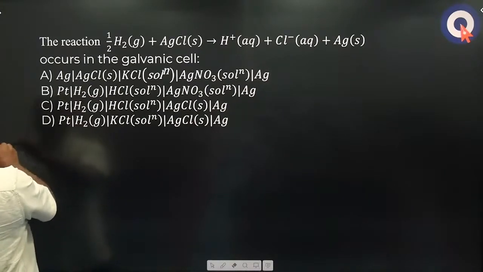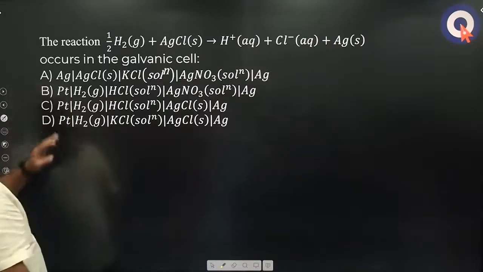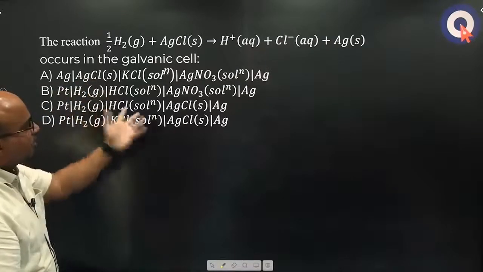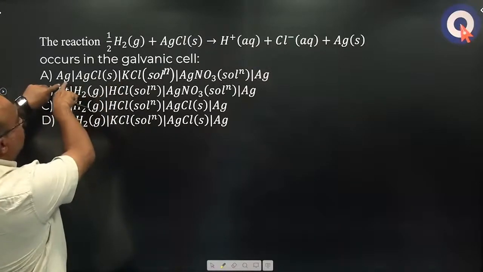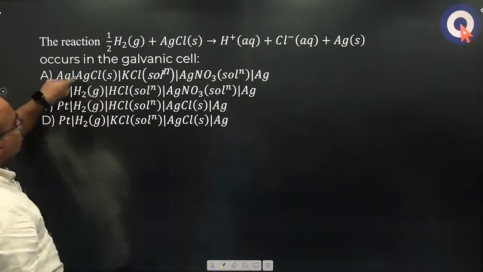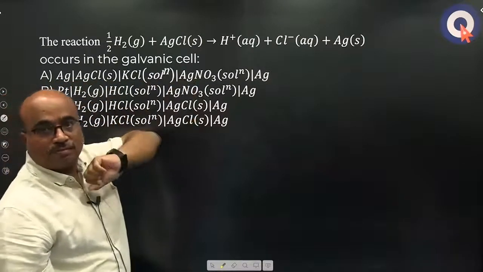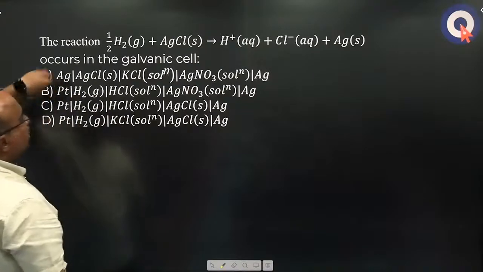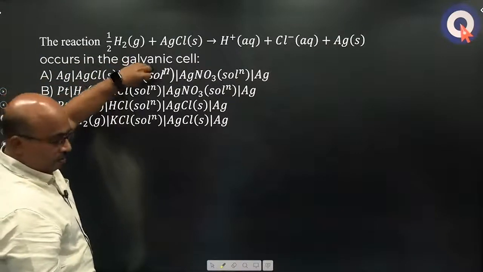Let us look at each half cell and its construction. This cell is nothing but a silver rod kept in AgCl dissolved in KCl solution, so a metal in a sparingly soluble salt with a common ion.